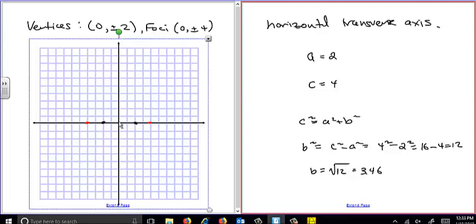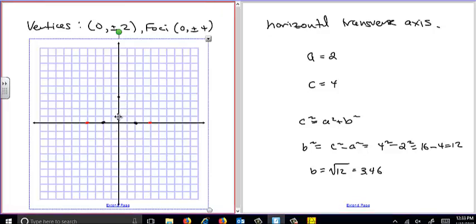So the b is going to go in the vertical direction. 1, 2, 3, 3.46 that way. 1, 2, 3, 3.46 that way. Now you could draw a box, and I'll kind of rough it in, and then I'll move things around.